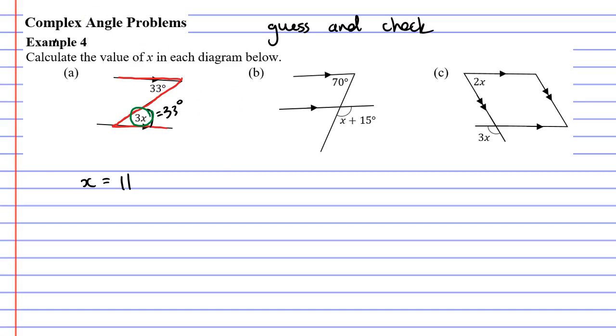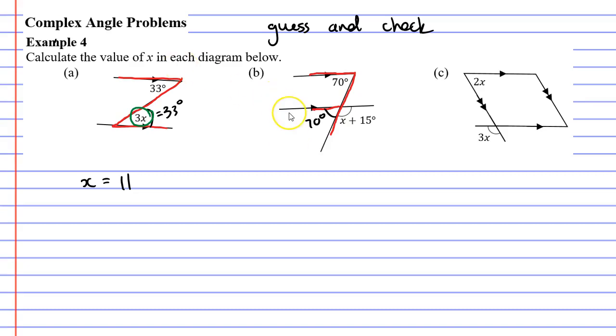Let's now move on to question B. And this one, I could make an F shape, I could make a Z shape or a C shape. I'm actually going to pick the F shape for this one, which is the shape I've drawn just there. And that tells me that I have an angle of 70 degrees in this spot here.